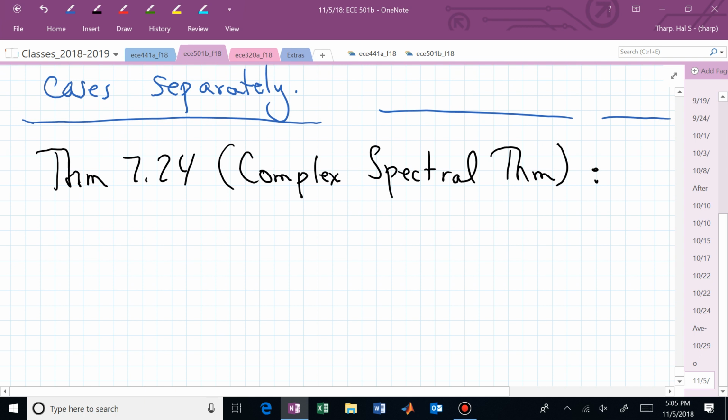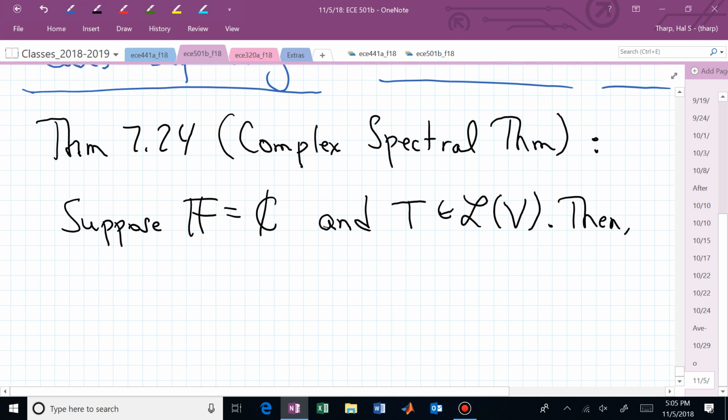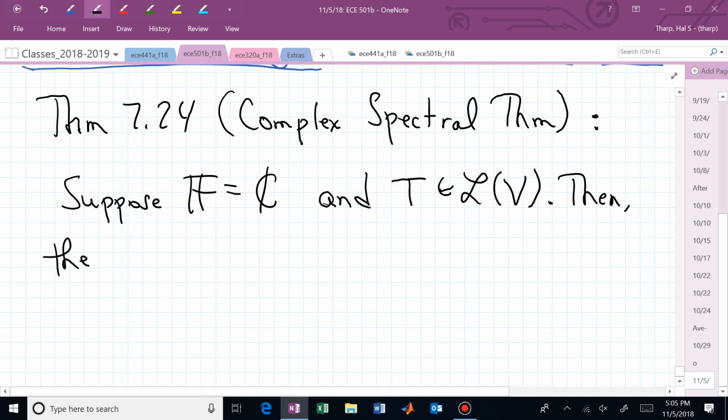Suppose that our field is now the complex field of numbers, and T is a linear operator on that vector space. Then the following statements are equivalent.